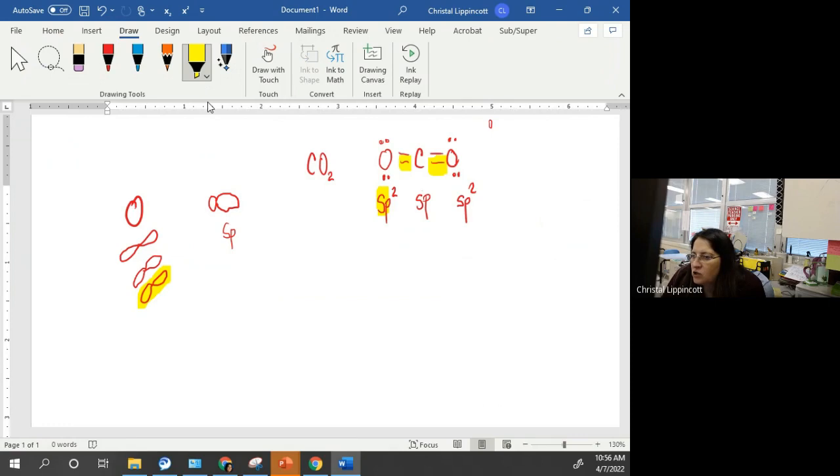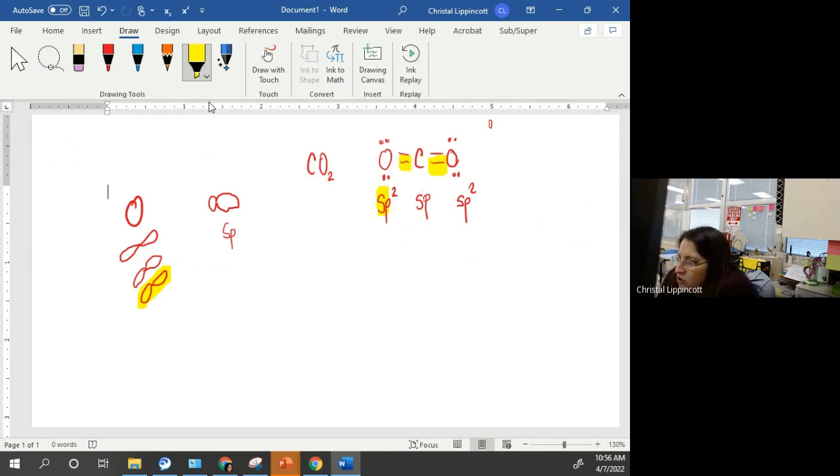So for the oxygen, you're going to take these 2 p orbitals and hybridize them. That's where that 2 comes from. This p orbital here has to remain a p orbital. We cannot hybridize it, because to have a pi bond, you have to have a p orbital.